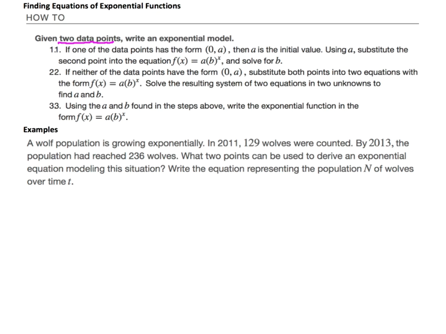If one of the data points has the form (0, a), then a is your initial value. You're rarely going to be given that information, but it's nice if you are, and it's nice to know what you can do with it. Then you would substitute your second point for x and y, or x and f of x, and then solve for b to write your equation.